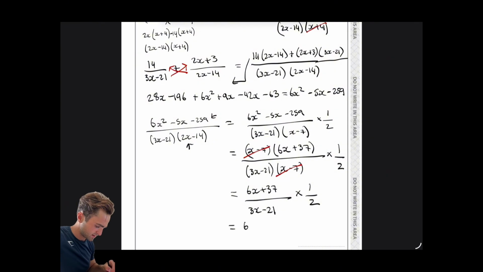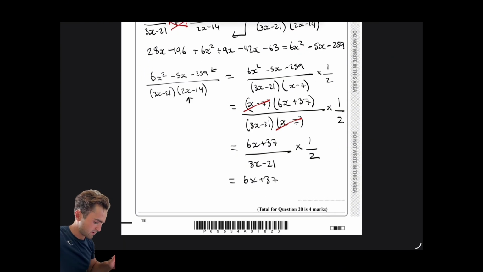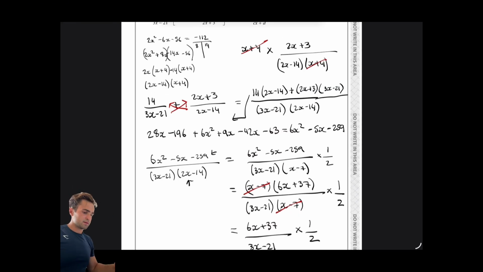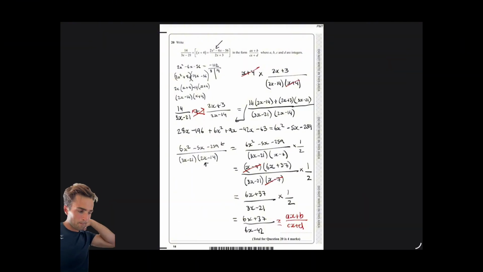So this is just 6x plus 37, and then doubling the bottom, because it's the same as this, right? Which is just 6x minus 42. This is in the same form as what we said: ax plus b over cx plus d. Done. Question 20, done.